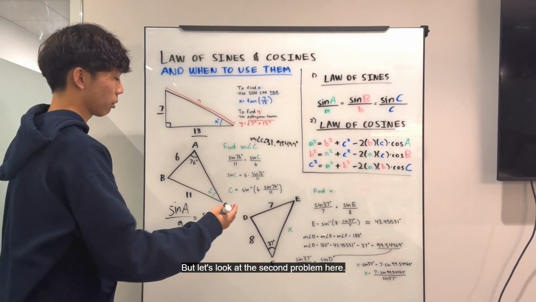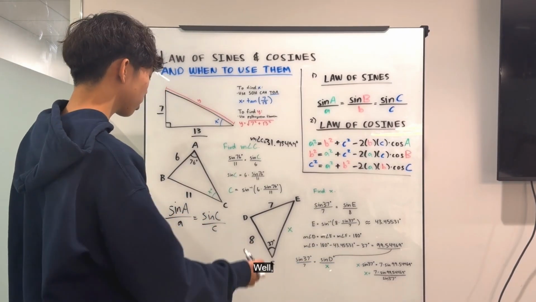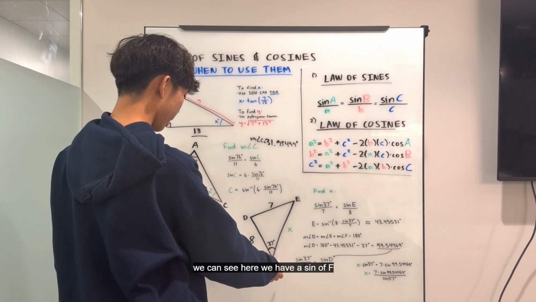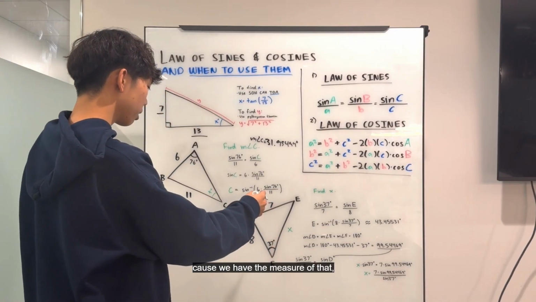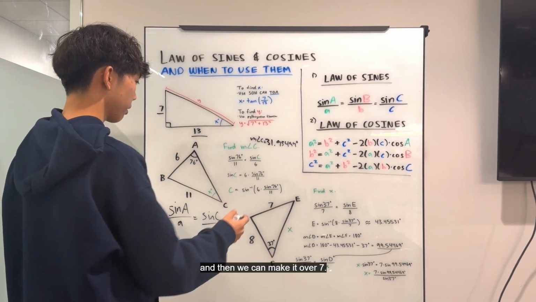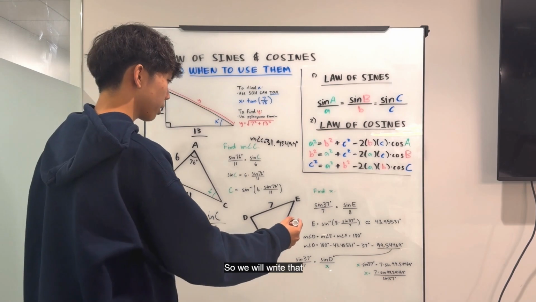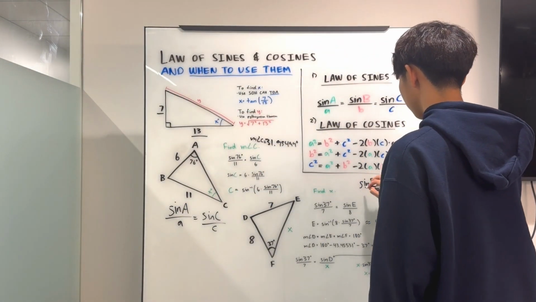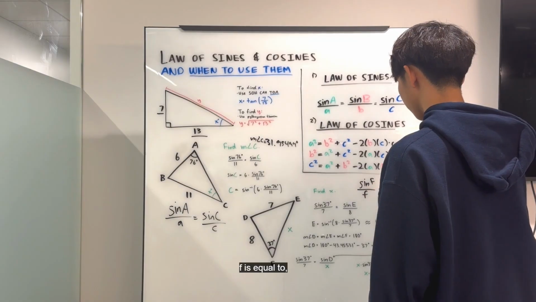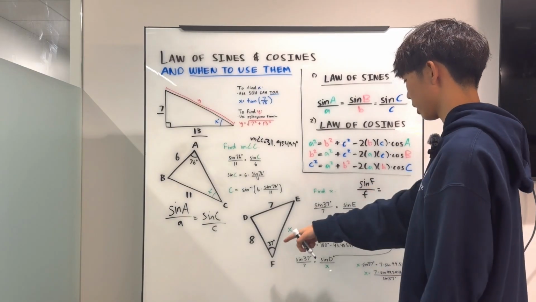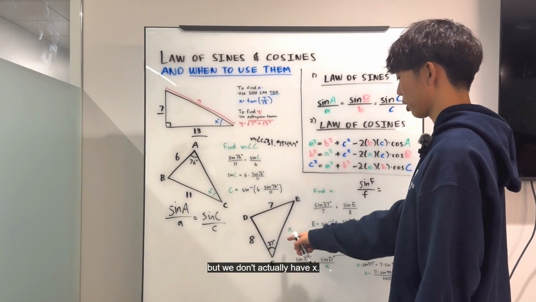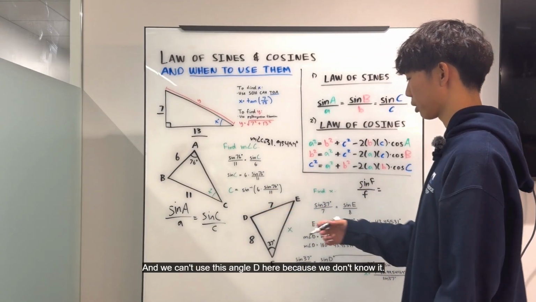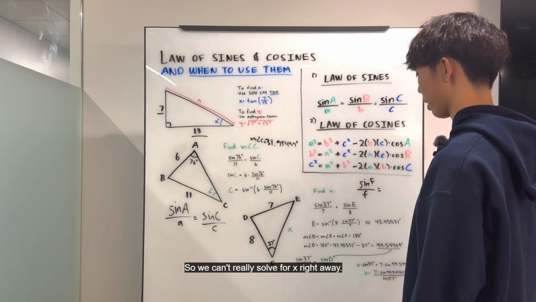But let's look at the second problem here. Can we do the same thing? We have the sine of F because we have the measure of that, and we can make it over 7. So we write sine of F over f is equal to, and we do have 8, but we don't actually have x, and we can't use angle D because we don't know it, so we can't solve for x right away.